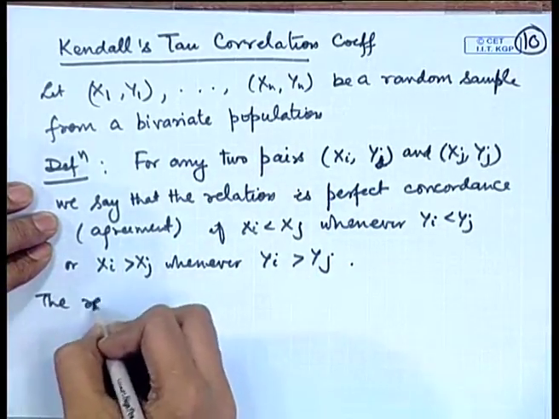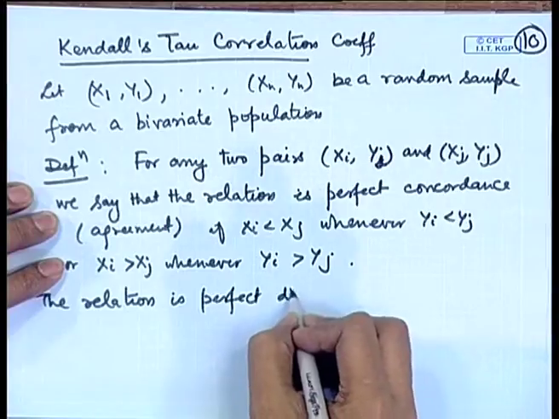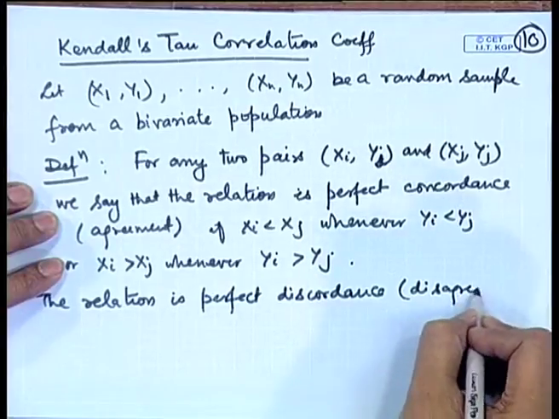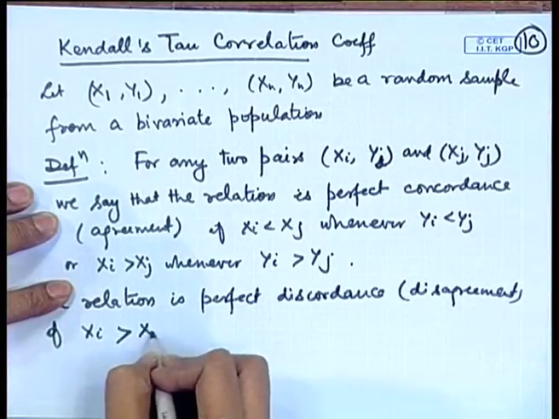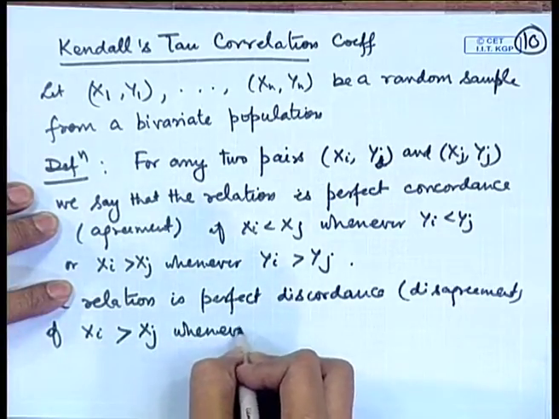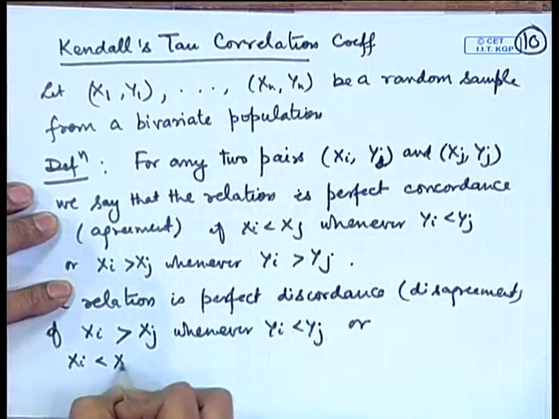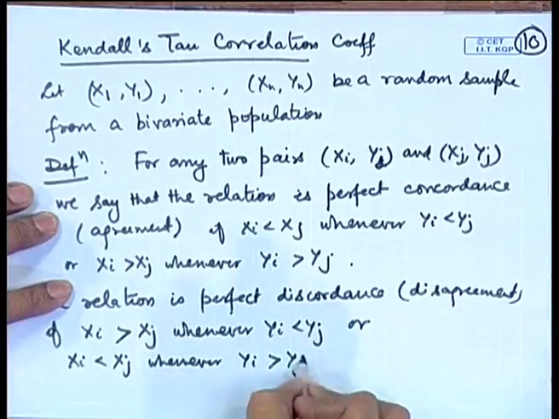The relation is perfect discordance, or disagreement, if xi is greater than xj whenever yi is less than yj, or xi is less than xj whenever yi is greater than yj. So, like the ranks, this concordance or discordance also gives some indication of the kind of relationship that they have.